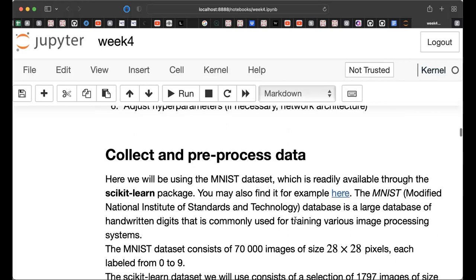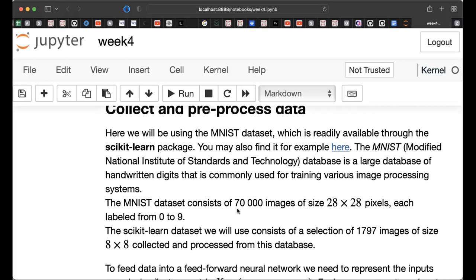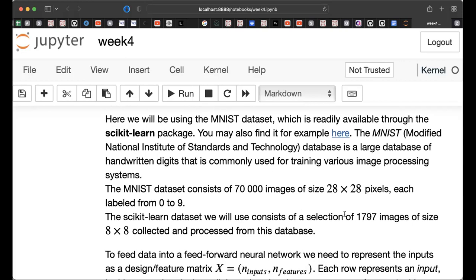So if we now look at the setup of the data, let's look in more detail at this MNIST data set. In principle, this MNIST data set has 70,000 images, and the images are actually not very good. They're just 28 times 28 pixels, so it's not a very high resolution. And each such image is labeled from 0 to 9.